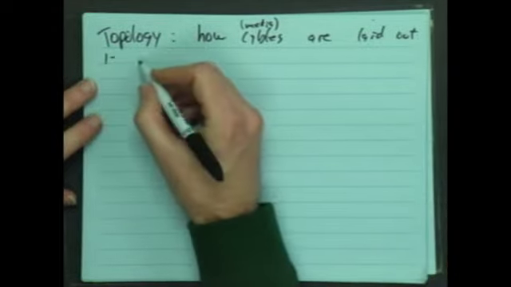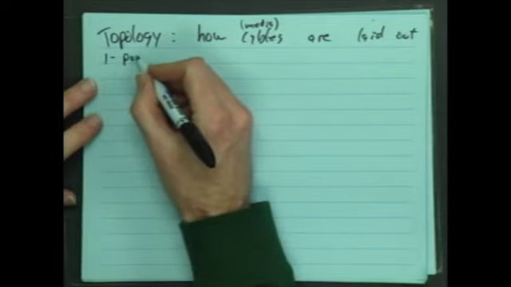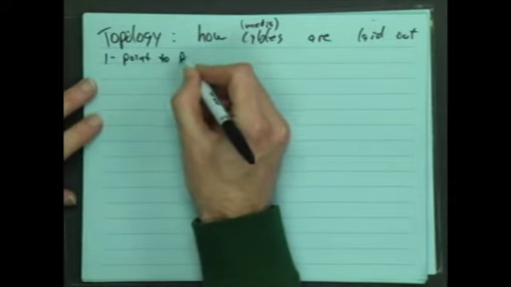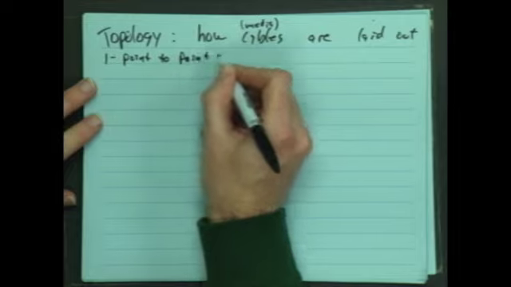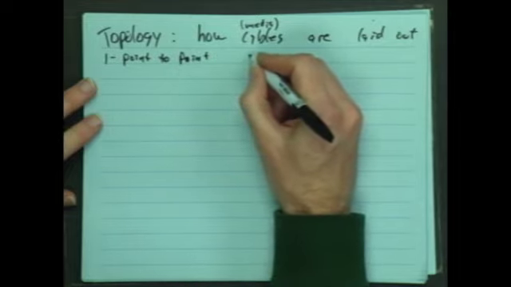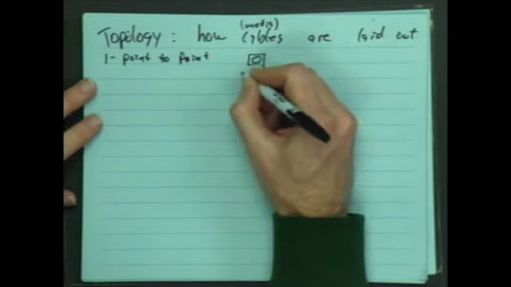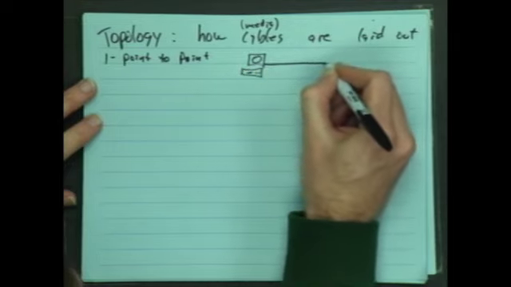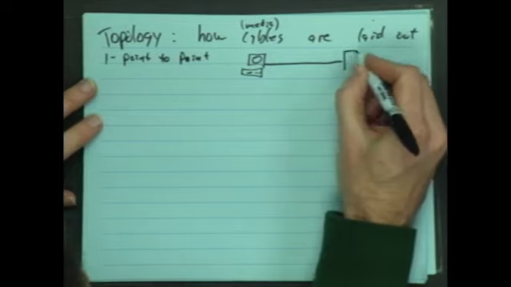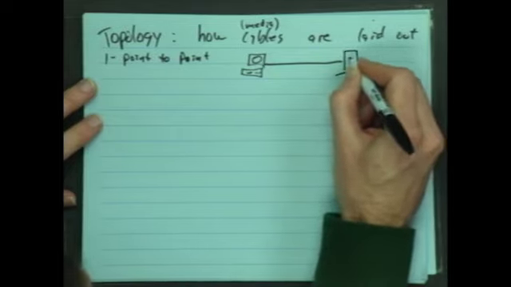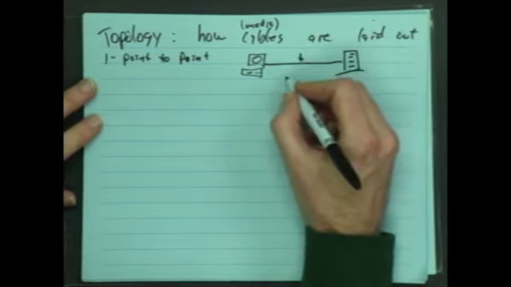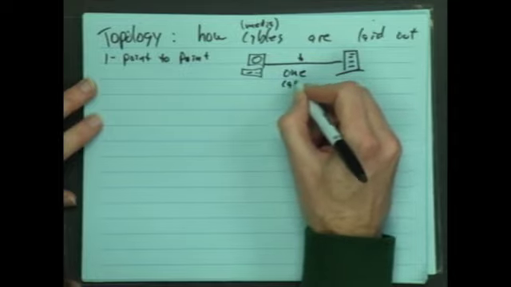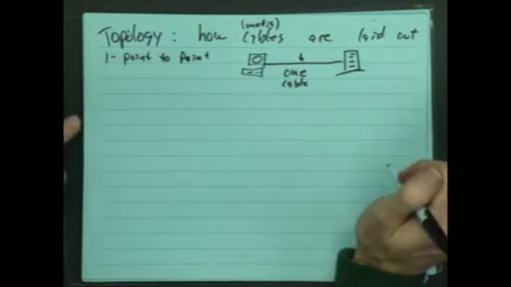Type 1 is called point-to-point. All right, so if I have a point-to-point topology, I'll just draw my client here. I'm going to have one cable that runs between two hosts, okay?